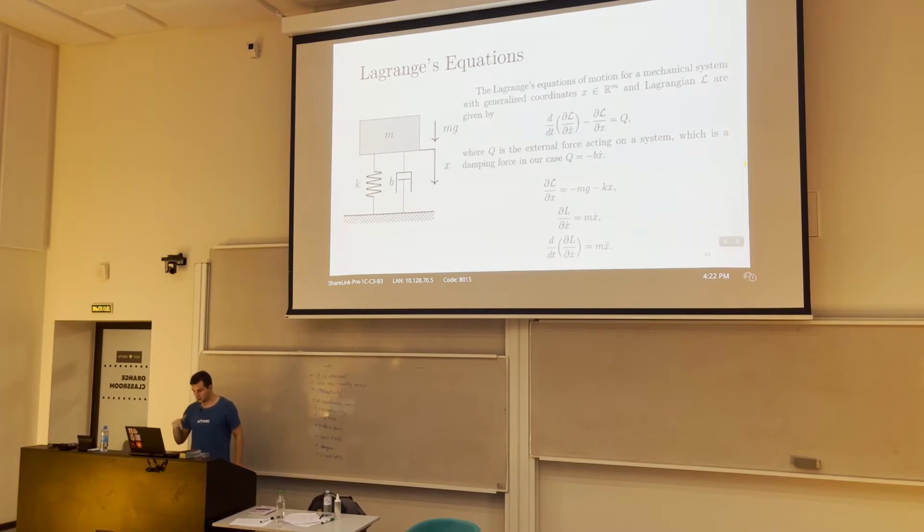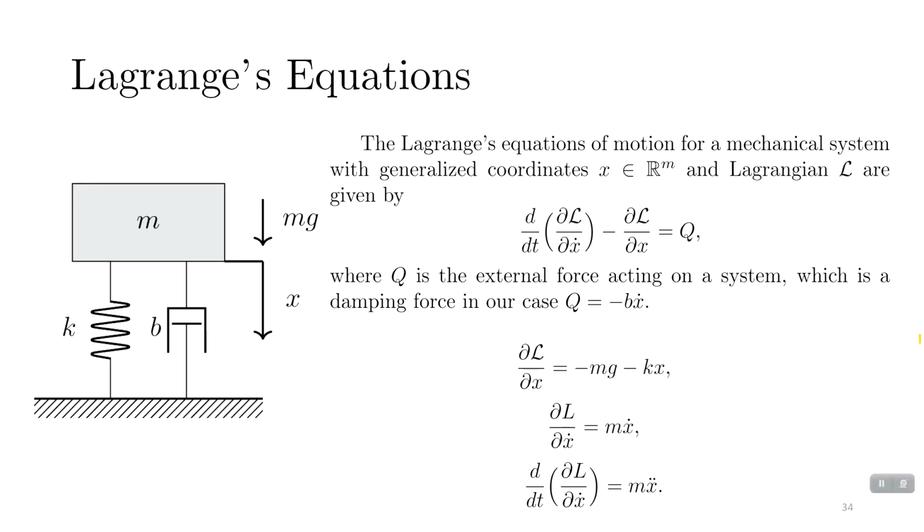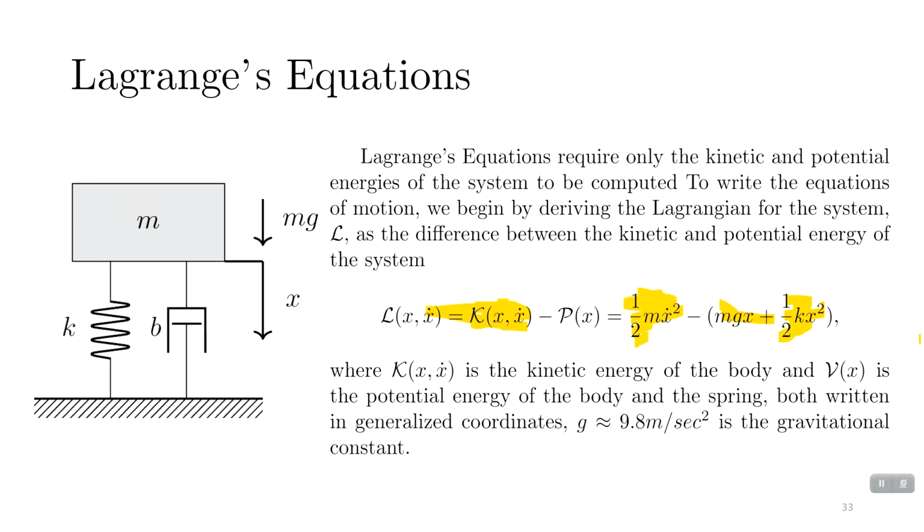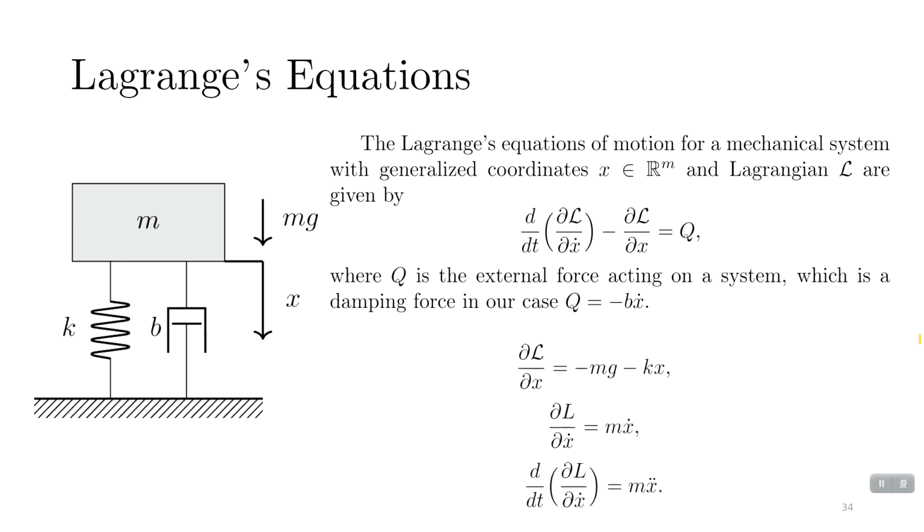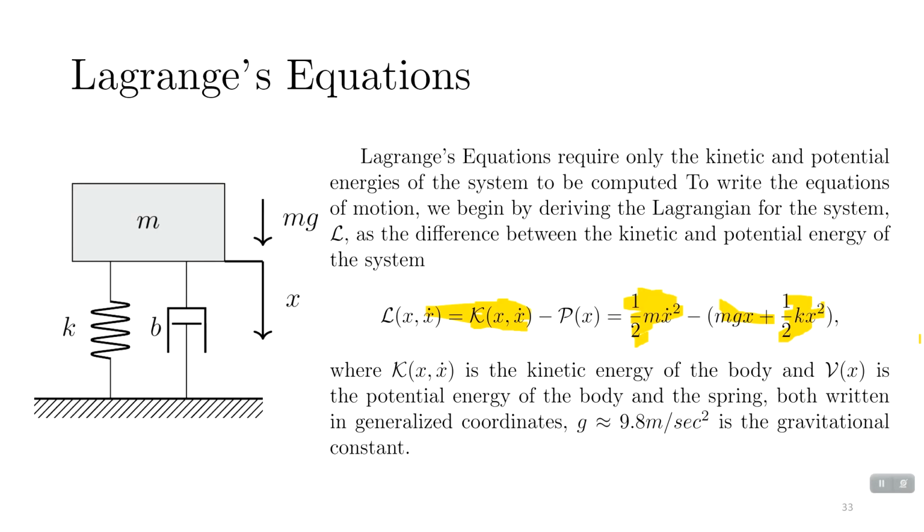We can take the time derivatives, and we will get this data. So let's go back. If we take the partial derivative with respect to x, we'll be left with minus mg minus kx, right? So we have exactly that here. If we take the partial derivative with respect to x dot, we'll be left with just m times x dot, right?